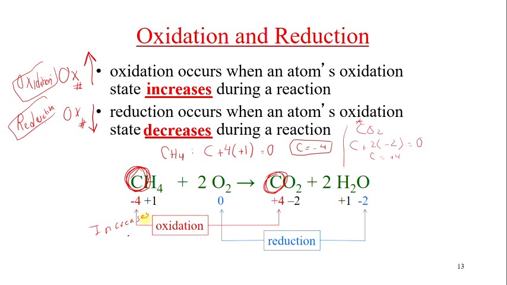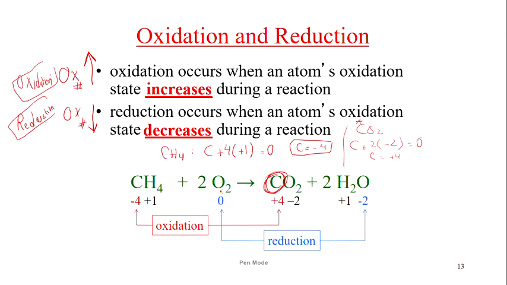When the oxidation number increases from -4 to +4, we call that an oxidation reaction. Oxidation reaction. So this element is going to lose electrons. So we are going to find what reactant is going to be reduced.